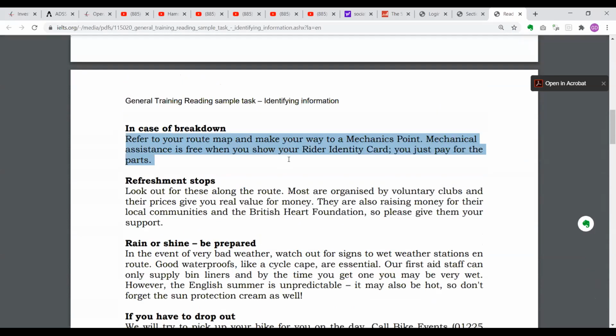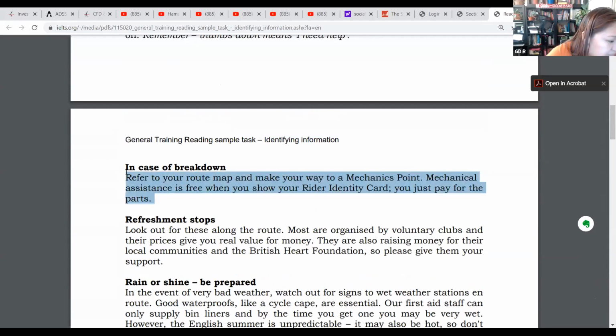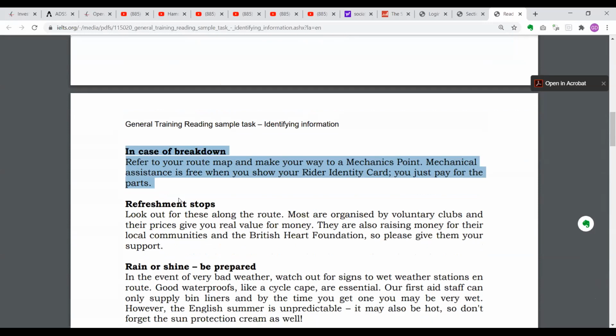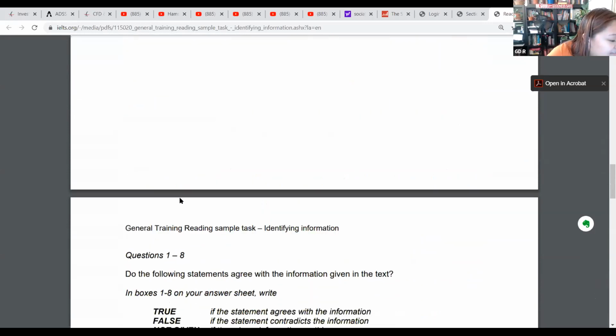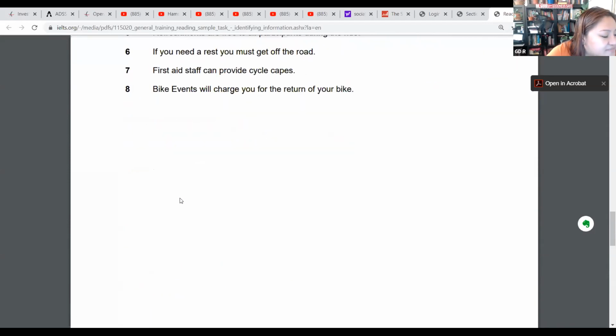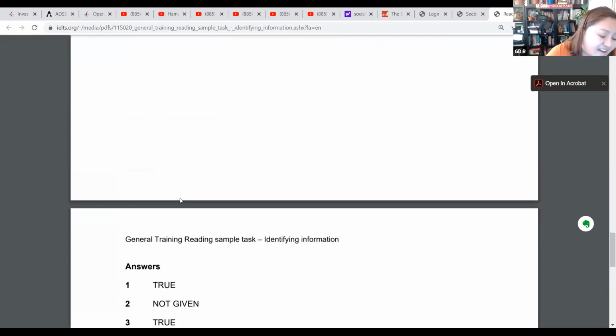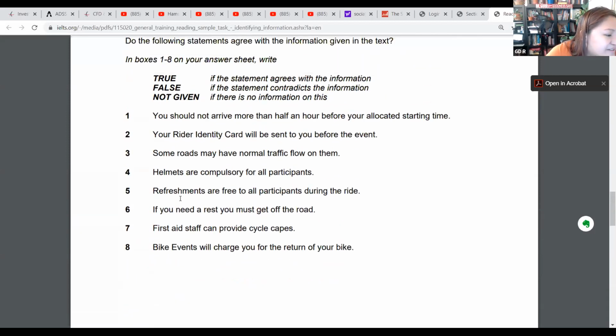No. None, right? So the answer should be not given. Let's see if we're correct. Yeah, we're correct. Number 3, some roads may have normal traffic flow on them.